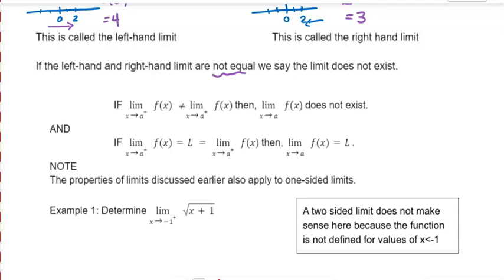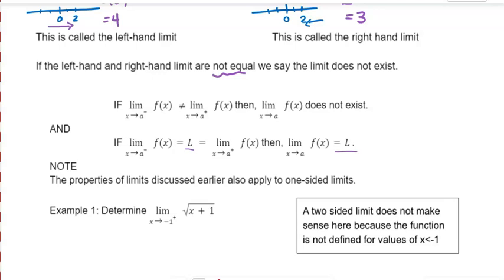If the limit as x approaches a from the left of some function is not equal to the limit as x approaches a from the right of the same function, then the limit as x approaches a of that function does not exist. However, if the limit as x approaches a from the left of a function equals some value, and that value is the same as x approaching a from the right, then the function has a limit as x approaches a, and that limit has the same value.